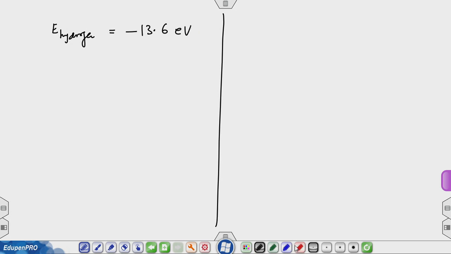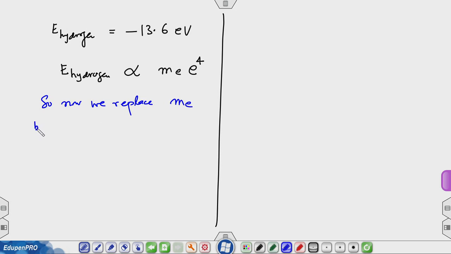and recall that E hydrogen is proportional to mass of the electron and e raised to 4. So, now we replace m e by m e star and e square by e square by epsilon, where epsilon is the dielectric constant.